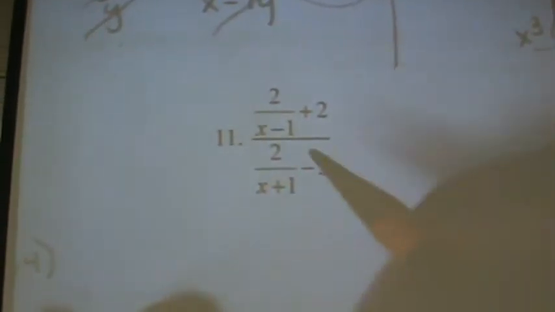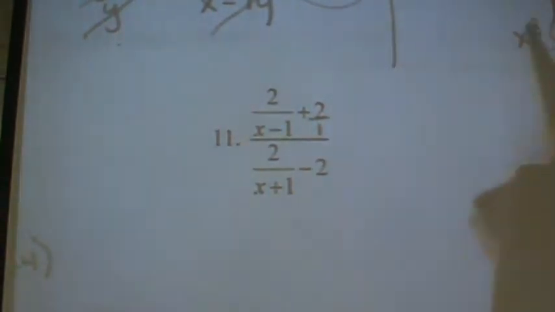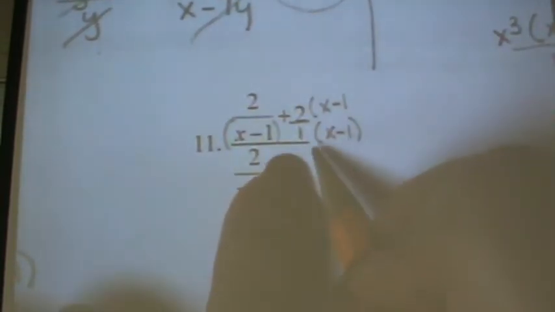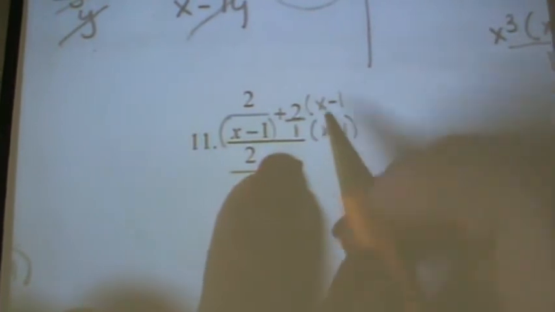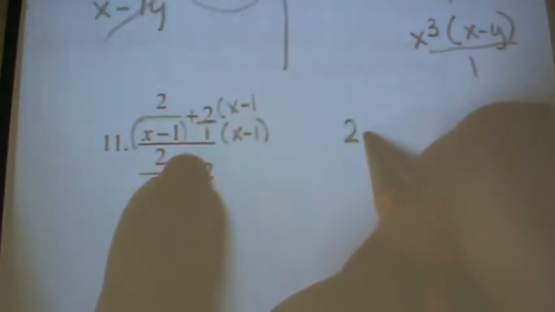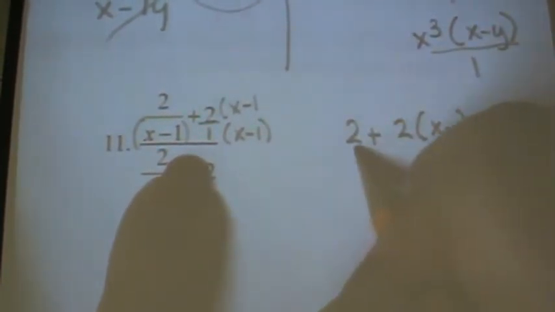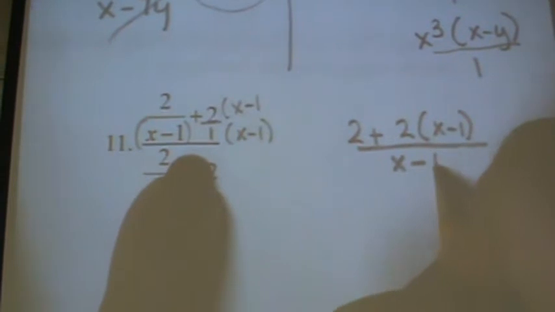Last one, common denominator on the top. So what do you have to do to this? Multiplying by negative x, right? No, not negative x, but x minus 1. Everybody see that? You're gonna multiply this top and the bottom by x minus 1. So on top, you have 2 plus 2 times x minus 1 over x minus 1.